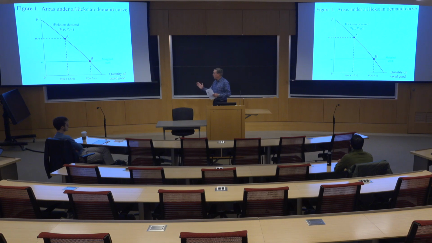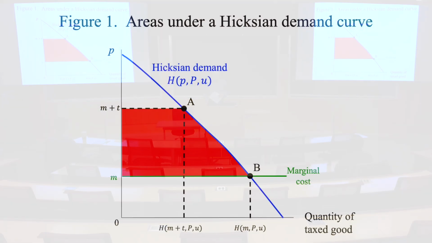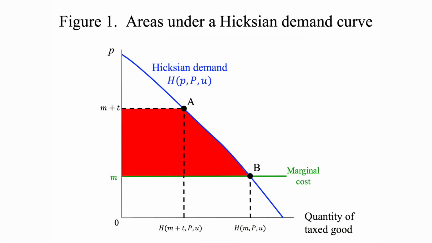So once I've drawn this, there's a number of different areas we could look at. I'm going to start by looking at what I like to call the horizontal area, the area to the left of the Hicksian demand curve between the two prices. So what's the economic interpretation of that?